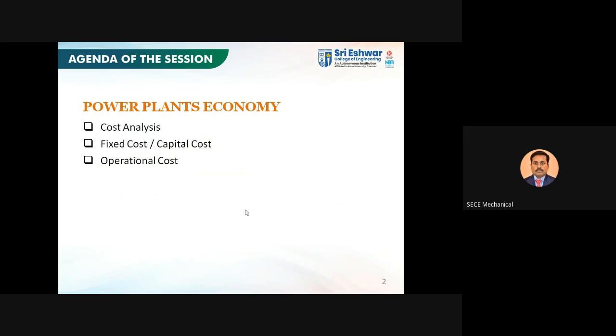If you run a power plant, there are different costs involved. How the cost is calculated, what is meant by fixed cost, capital cost, and operation cost, and how the cost is used for analysis, that is how the power plant economy can be calculated. All those things we are going to discuss today. That is today's agenda of the session, right?